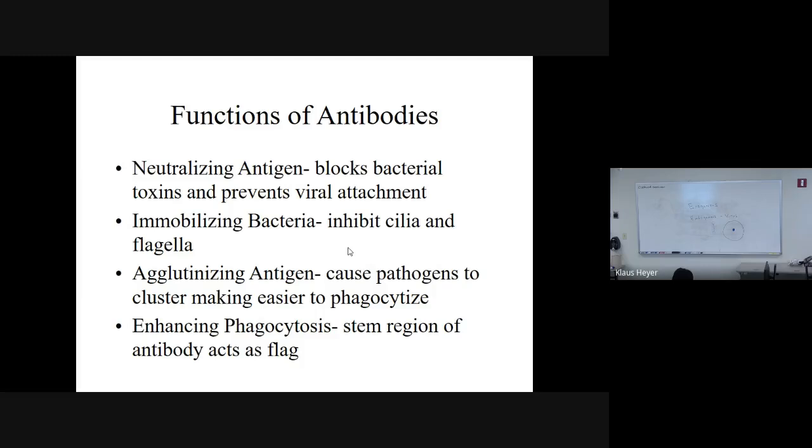Bacteria move around with cilia, the little hairs that they use to move. It's hard to get them. And then agglutinizing means that you grab a bunch of them and just hold them together.